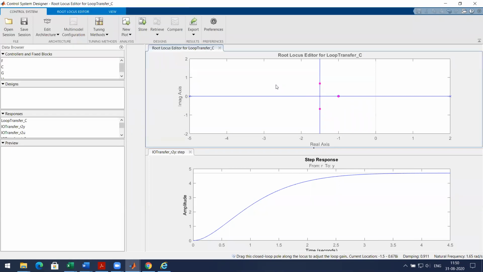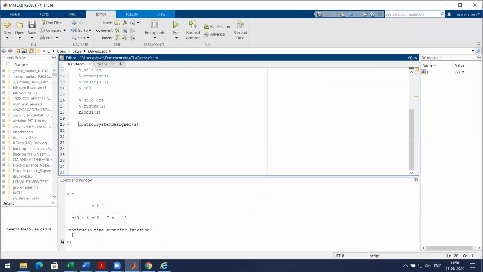Here we didn't add the compensator, but we added it in the program itself. So what type of controller is this? This 1 plus s can be thought of as what type of controller? PI, sir. PD, sorry. PD controller.